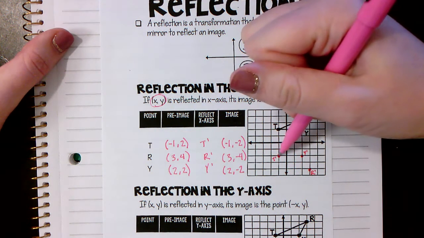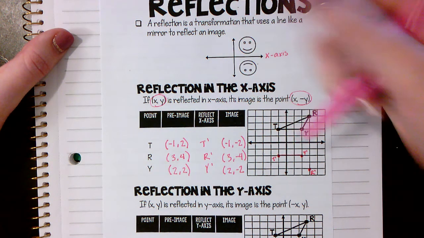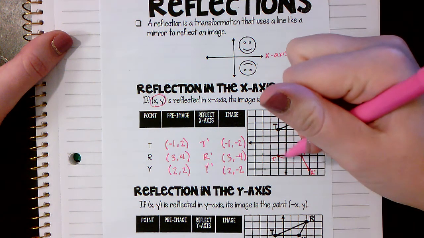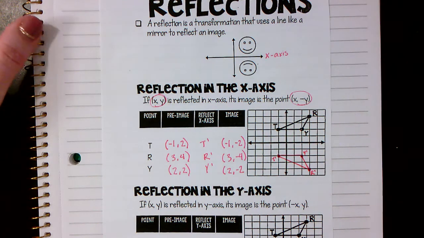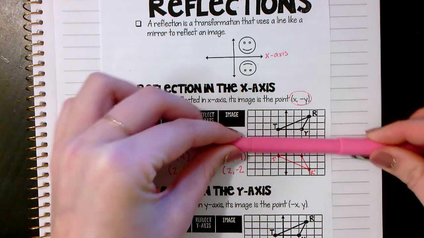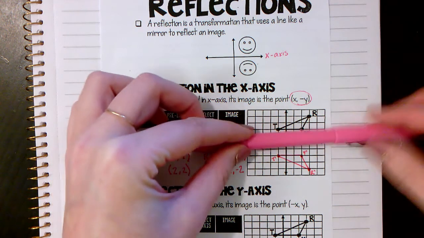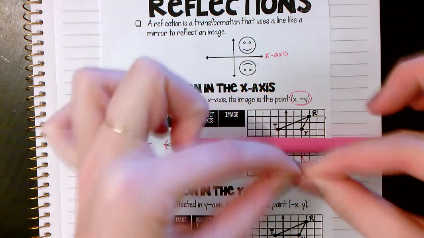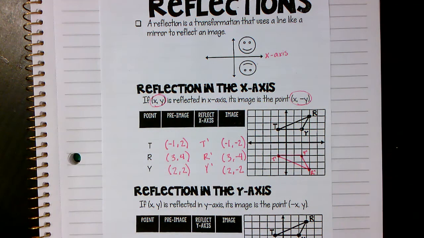So when I connect these dots, this is always the hardest for me, to draw straight lines. It should look like a mirror image across this line, and it does. If we folded this graph right here on this x-axis, and we folded both sides up, they would literally meet and be exactly the same, just like if you were looking at yourself in a mirror.